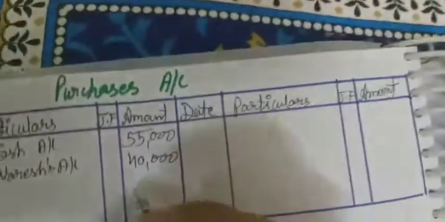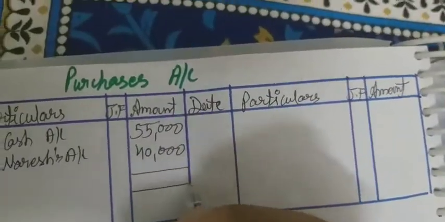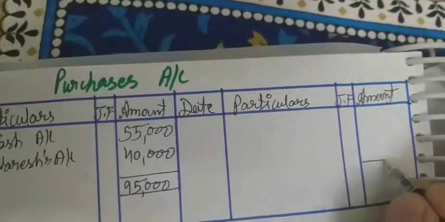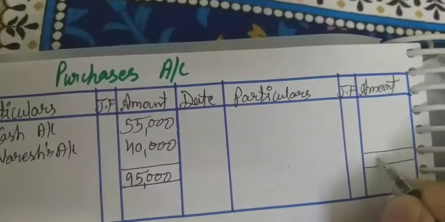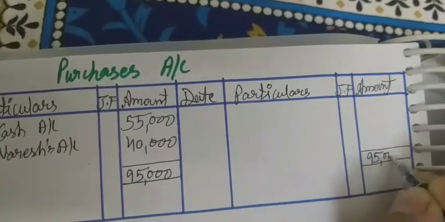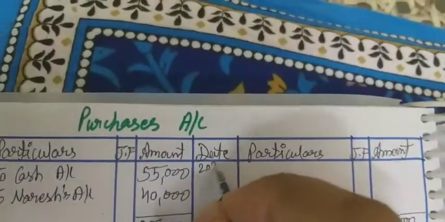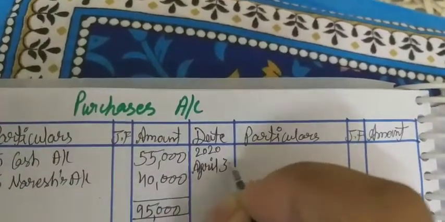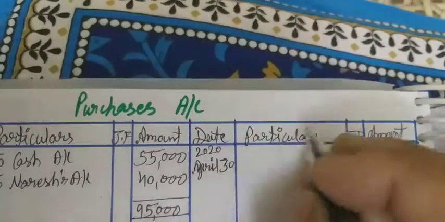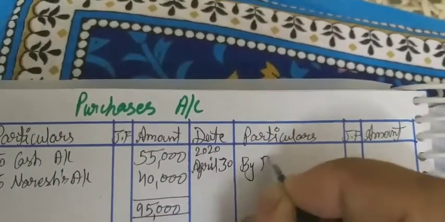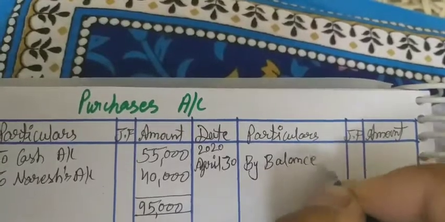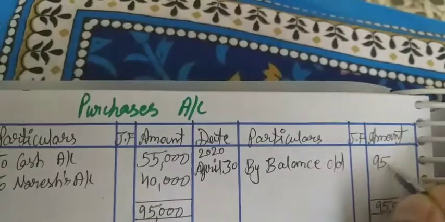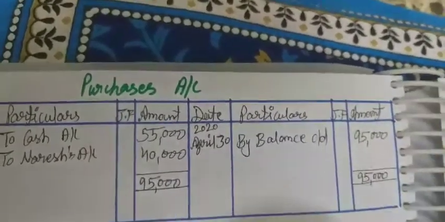So now we have to do the balancing for this. If we're doing the balancing, it is 95,000 and 95,000. 2020 April 30, by balance CD 95,000.